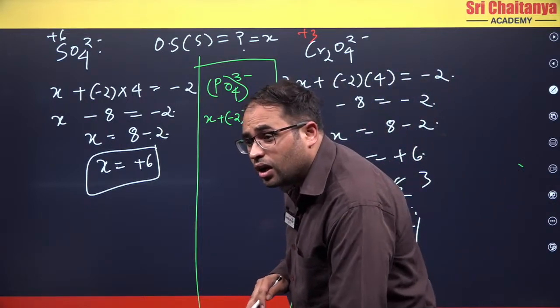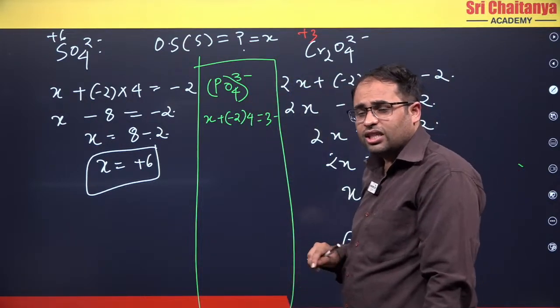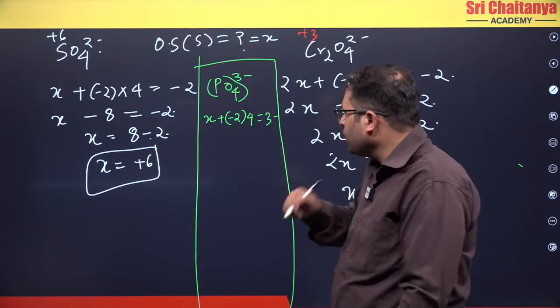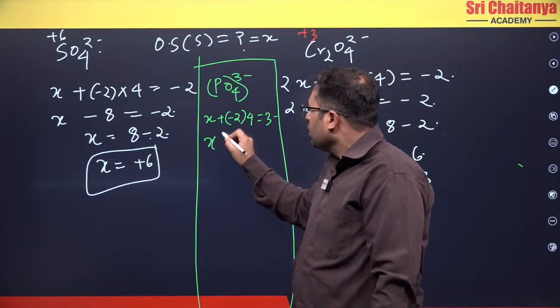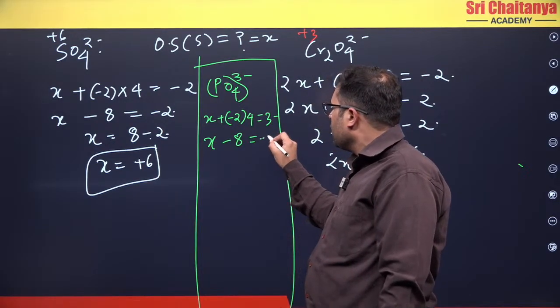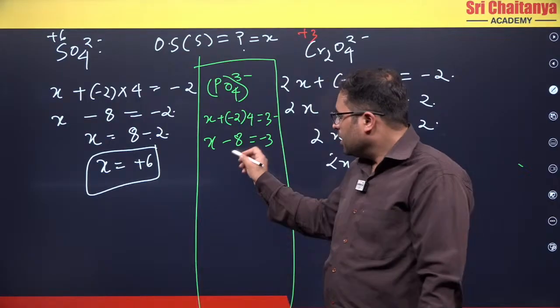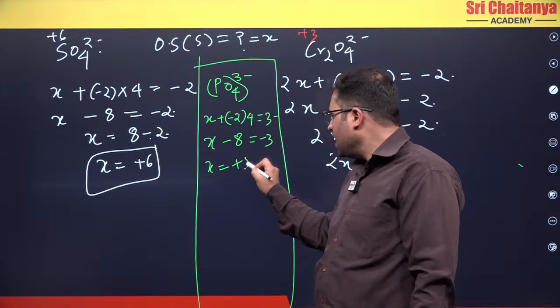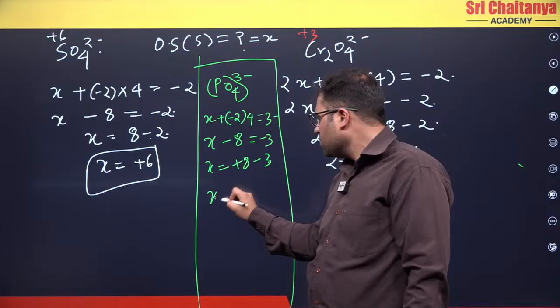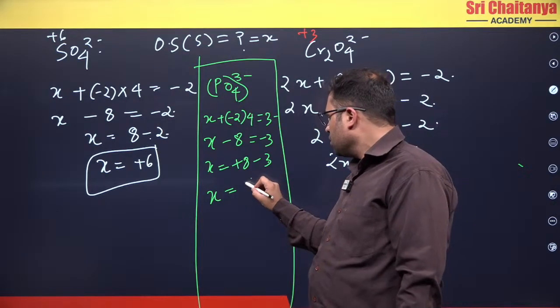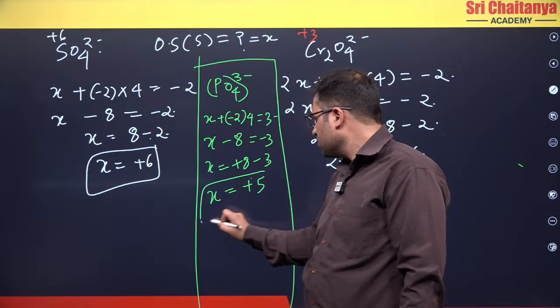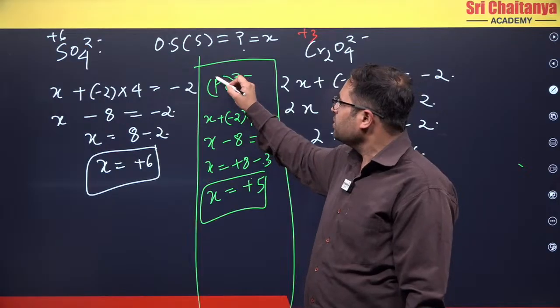Just pay attention and keep solving. Solving is important. So minus 8, minus 3, take that to that side, plus 8, minus 3, plus 5. This is plus 5 state.